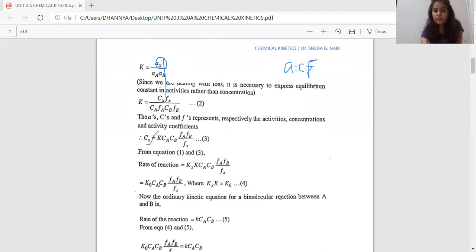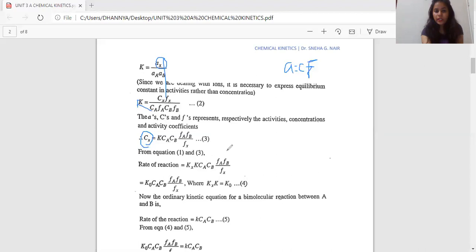Now, if I make CX, the concentration of the activated complex, the subject of the equation, I am just cross multiplying and taking this to the left hand side and this to the right hand side. So the equation turns out to be CX equal to K into CA into CB, FA into FB upon FX.